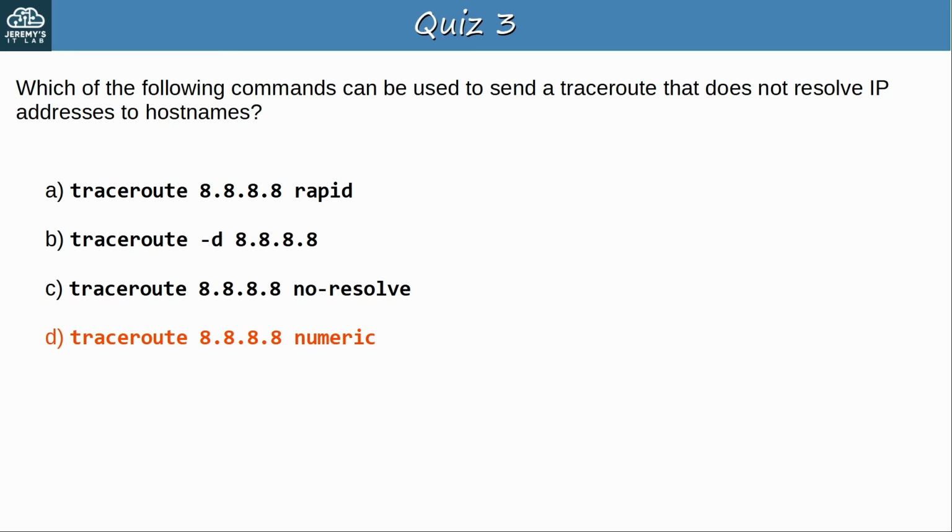This command is used in Cisco IOS to send a traceroute without attempting to resolve IP addresses to host names. This makes the traceroute command finish much faster, if you don't need the hostname information. The -D in option B can be used in Windows to do the same, but in Windows the command is tracert, not the full word traceroute.